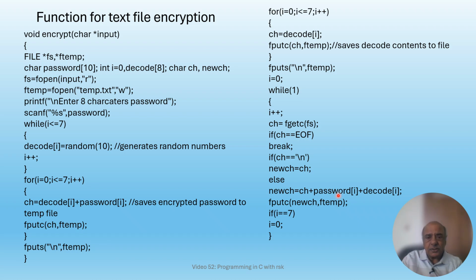It reads one character, and if that character is not a new line character, that character is converted or encrypted by this expression: ch plus password[i] plus decode[i]. This decode[i] is a char array to which we are assigning the random numbers generated, but those numbers will be in the form of char characters.